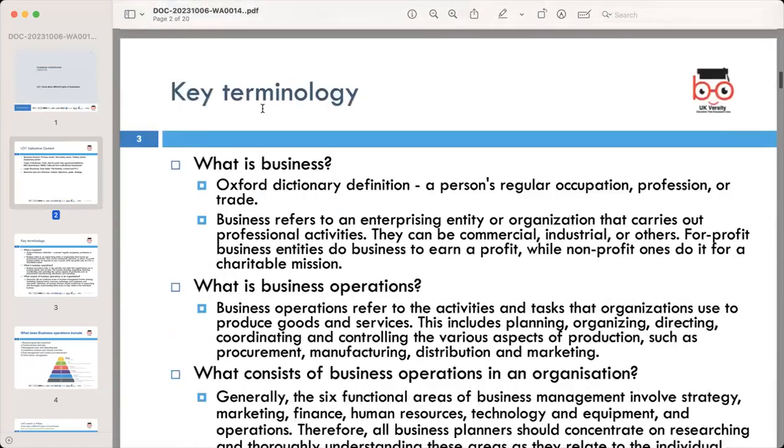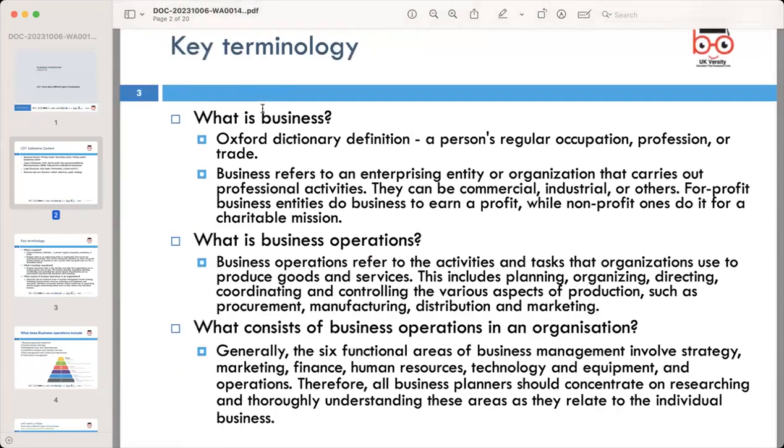Okay, key terminology. So what is business? According to the Oxford Dictionary, business is defined as a person's regular occupation, profession, or trade.